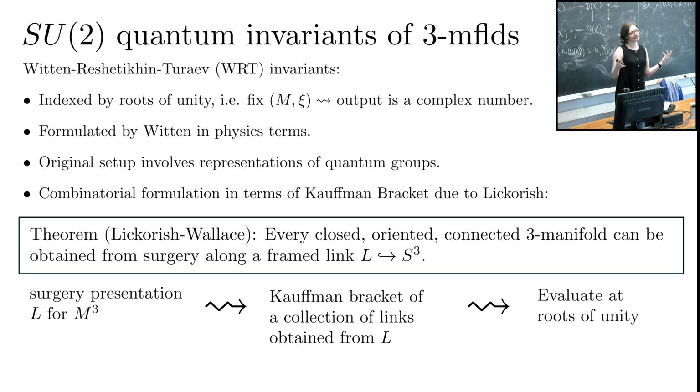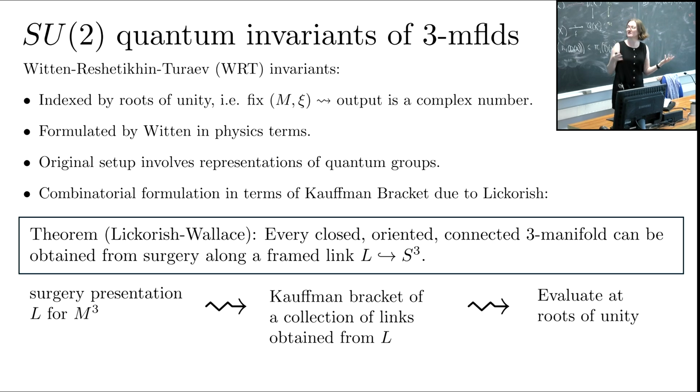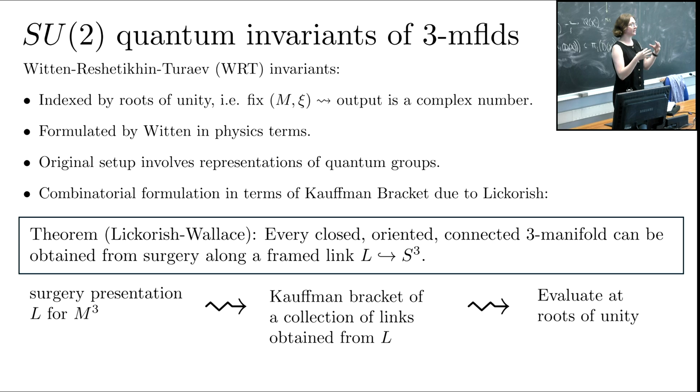In some sense, you could think of these as an upgrade of the Jones polynomial, an invariant of links, to an invariant of three manifolds, which we know can be built from links. There's this result of Lickorish and Wallace that every closed, oriented, connected three manifold can be obtained from surgery along a framed link L in the three-sphere. Sometimes we call this framed link L a surgery presentation.